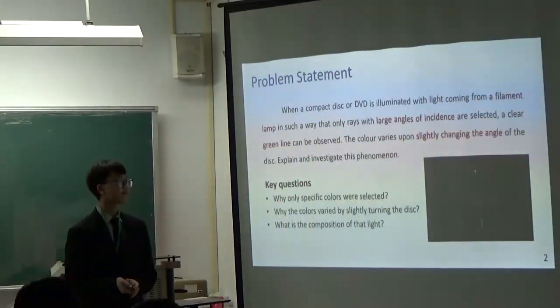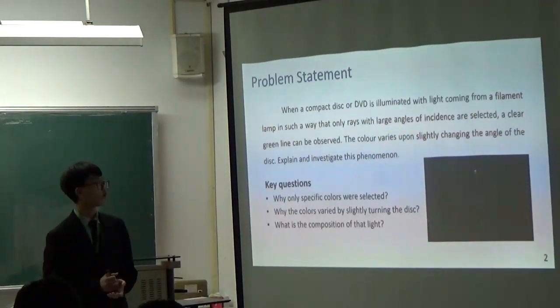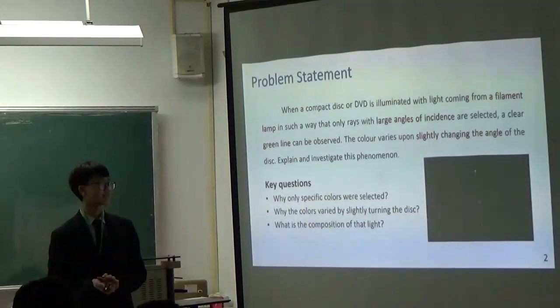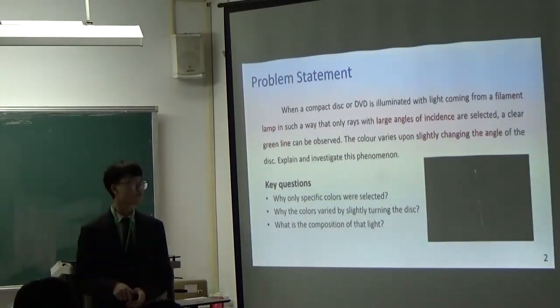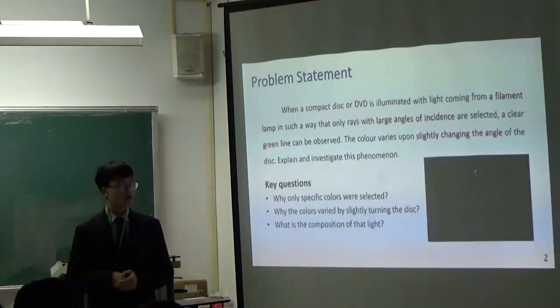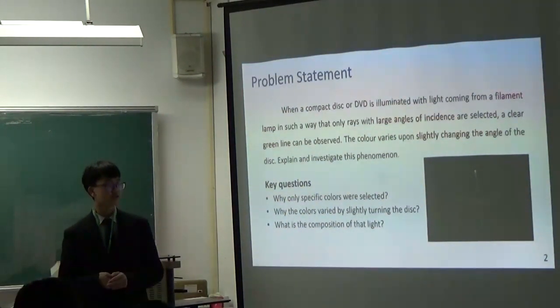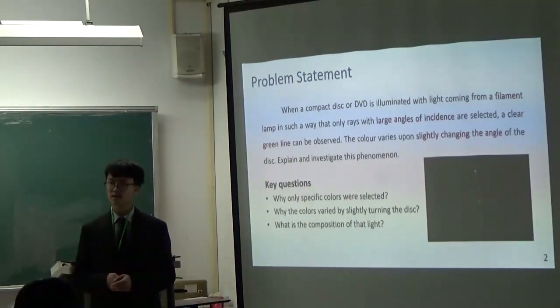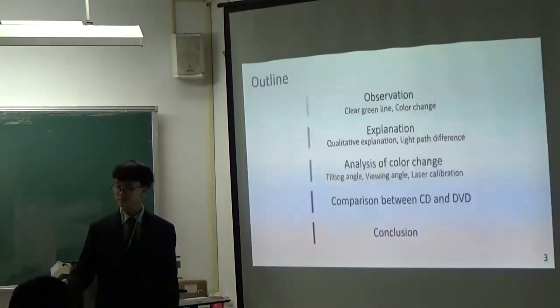The color varies upon slightly changing the angle of the disc. Explain and investigate this phenomenon, and we'll mainly focus on why only specific colors were selected, why the colors vary by slightly turning the disc, and what is the composition of that light.